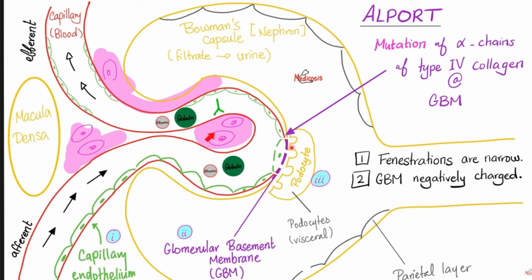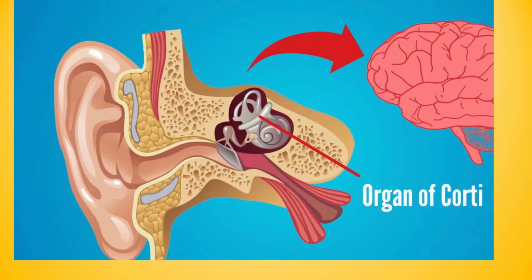So here there is nephritis, and RBCs can easily appear in urine. That's why hematuria is seen in Alport syndrome. Next, there is the organ of Corti, where the basement membrane is not developed properly. It is also responsible for sensorineural deafness because of the defect in the basement membrane of this organ of your ear.